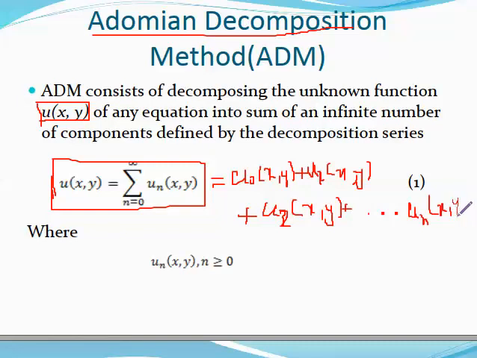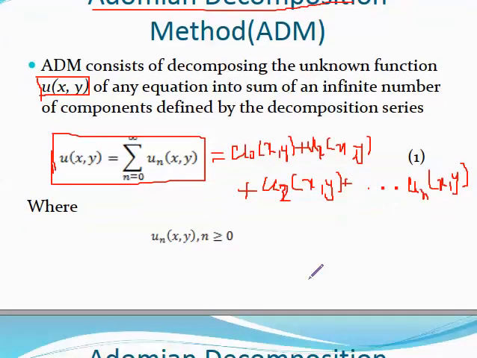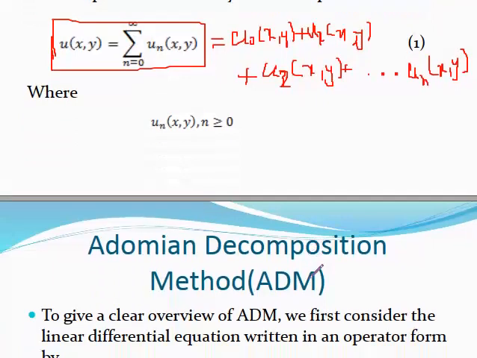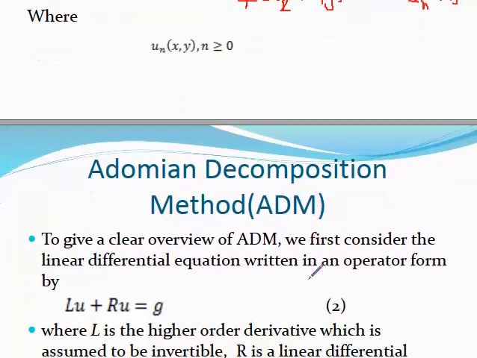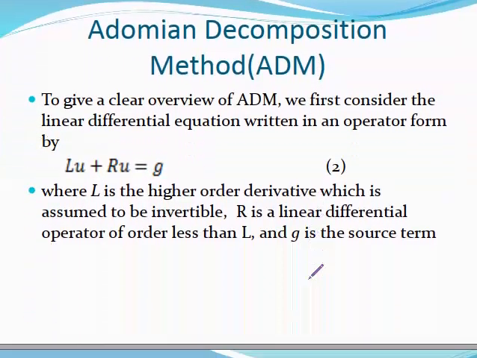For instance, you can consider this u_n as a velocity field of any fluid phenomenon. So this is basically the unknown function in the differential equations, and this unknown function can be decomposed in a series form.